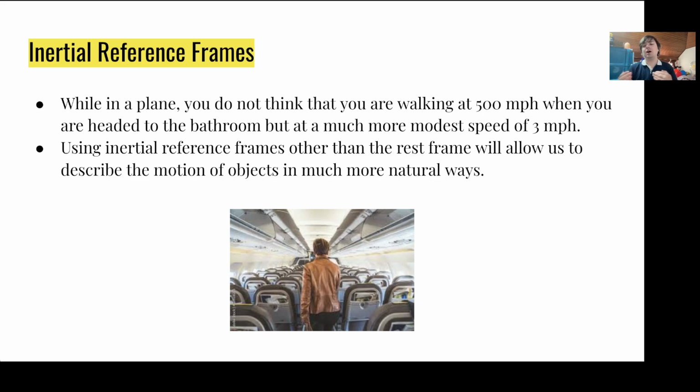So these frames of reference allow us to both more easily mathematically describe two objects as they're moving along one another, and it allows us to describe a mathematical problem in a more natural feeling way, by attaching yourself onto a rest frame and seeing how the objects move around you.